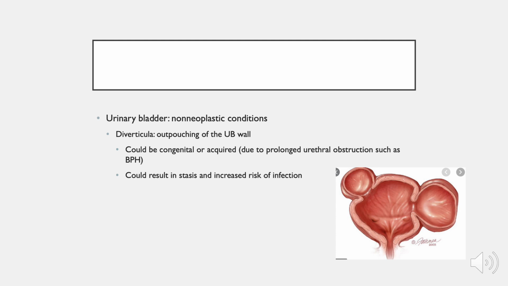It is most commonly acquired, due to prolonged urethral obstruction, such as what happens in benign prostatic hyperplasia. So, one of the complications of benign prostatic hyperplasia is actually urinary diverticula. The problem with diverticula is that they could retain some urine, and as you probably know, urine stasis is a significant risk for bacterial infection.